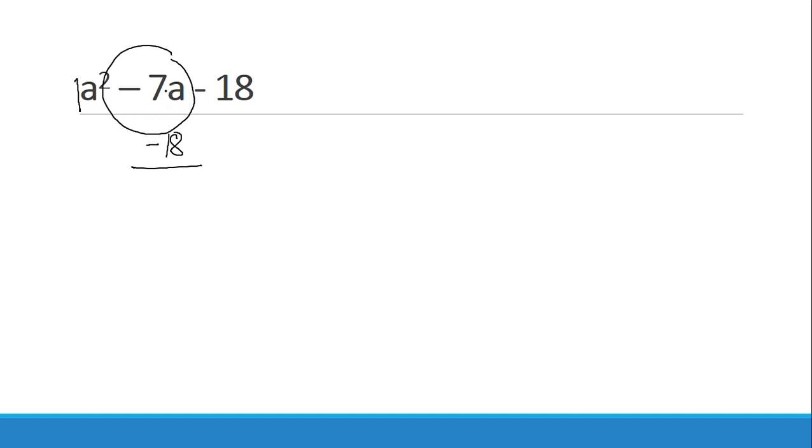So that means since our middle term is negative, then the bigger factor will be also negative. If that is positive, then the bigger factor will be also positive. So we have that idea, and now let's go on and find those factors.